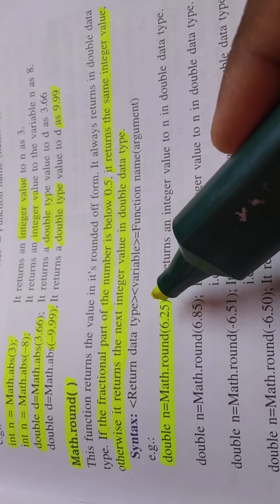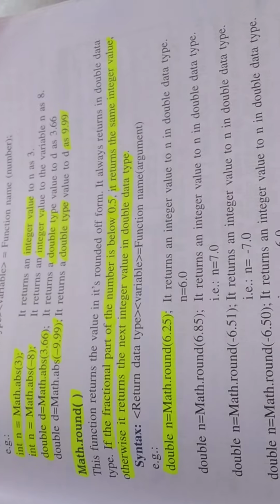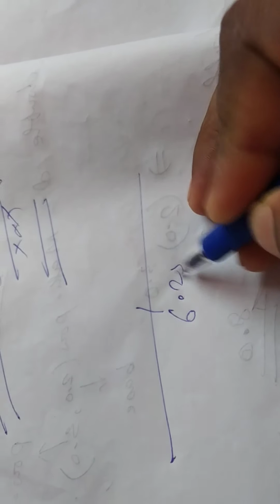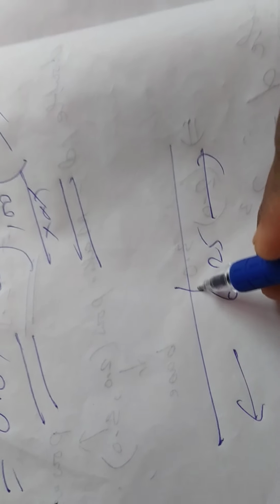Yes, it is below 0.5. Let me explain: suppose your value is 6.25, so your lower limit will be 6.0 and the upper will be 7.0.